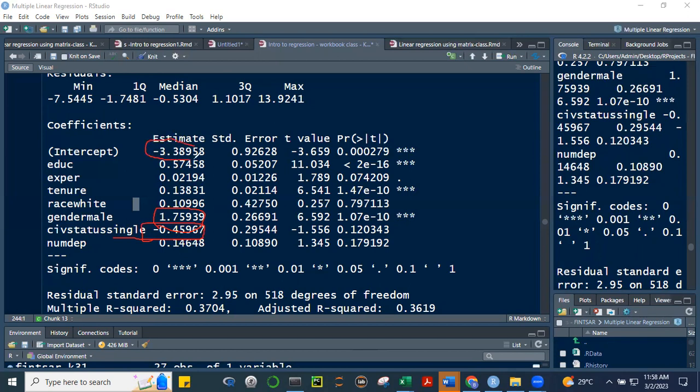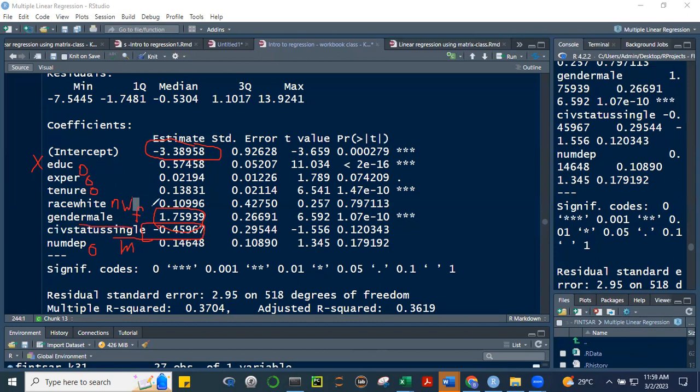What's the meaning of negative 3.38? Zero education, zero experience, zero tenure, zero number of dependents. Tapos ano siya? Non-white. Tapos female siya. Yes sir, tama. Tapos married siya. So ang naiba lang ito, di ba?